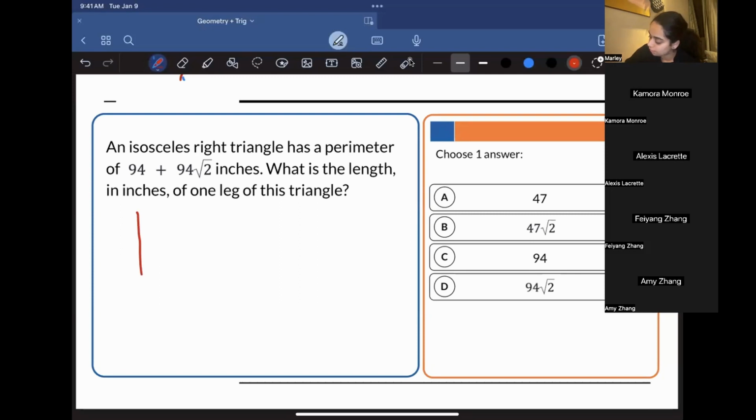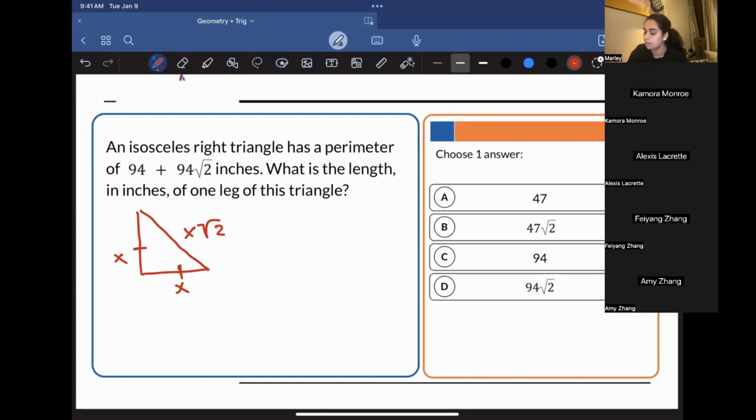So we have an isosceles right triangle where this side and this side are the same. So let's call it X. And in an isosceles right triangle, a special right triangle, this is X root 2. Okay? And so it's asking, what is the length in inches of one leg of this triangle?